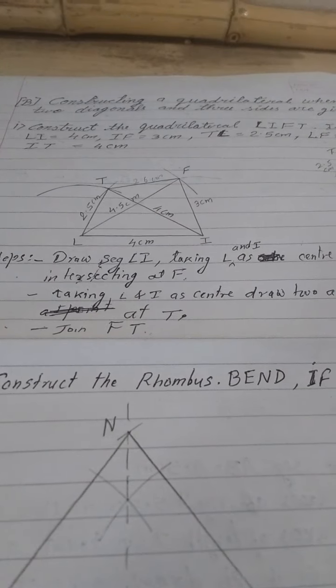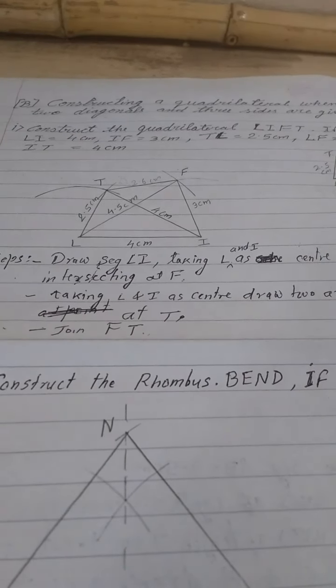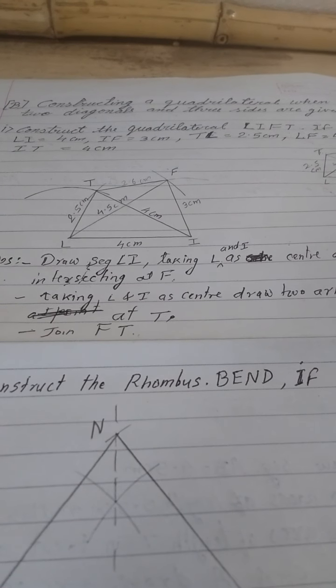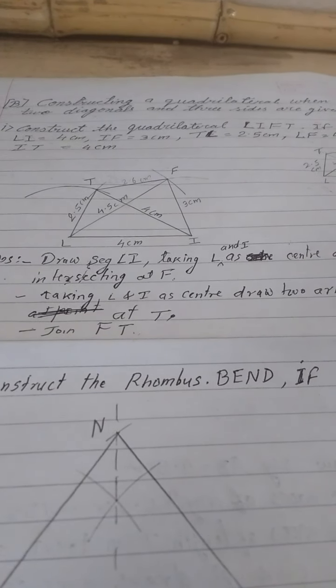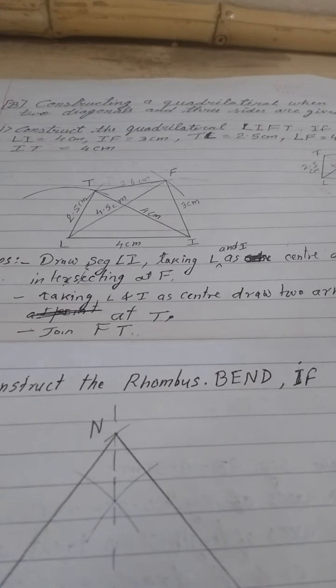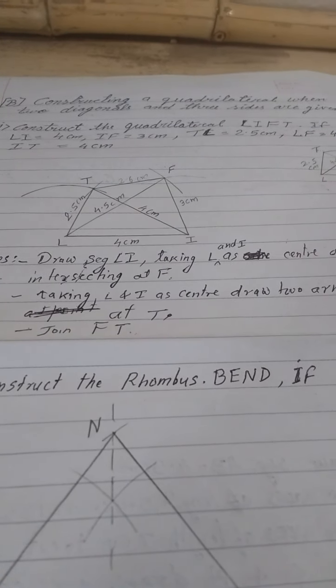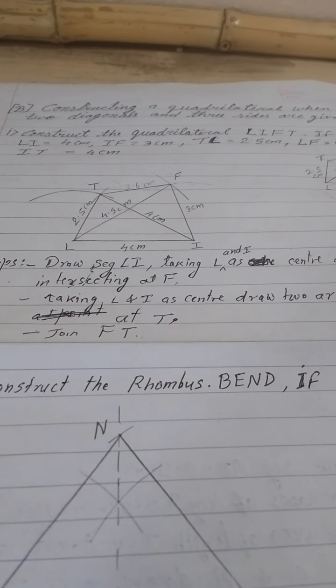I have drawn that first. Then after taking L as the center, I have drawn a 4.5 centimeter arc and a 2.5 centimeter arc, 2 arcs. Then I took I as the center. I took a 4 centimeter arc and cut the arc of 2.5 centimeter.